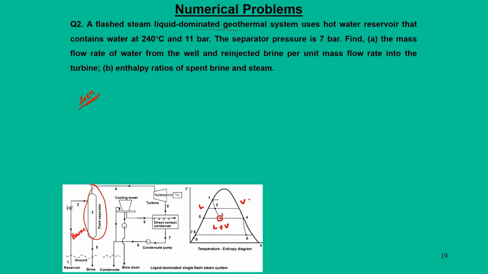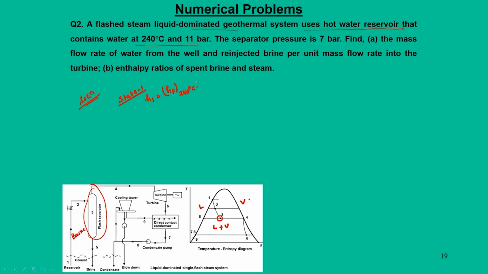So, the question asked is: the geothermal system, the hot water reservoir, contains water at 240 degree centigrade and 11 bar. So, your state 1 condition is nothing but H1 is HF at 240 degree centigrade.